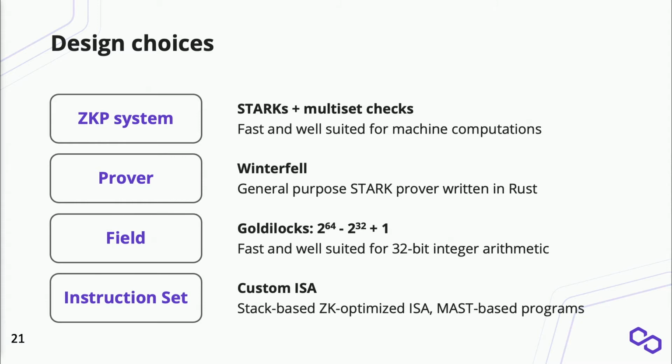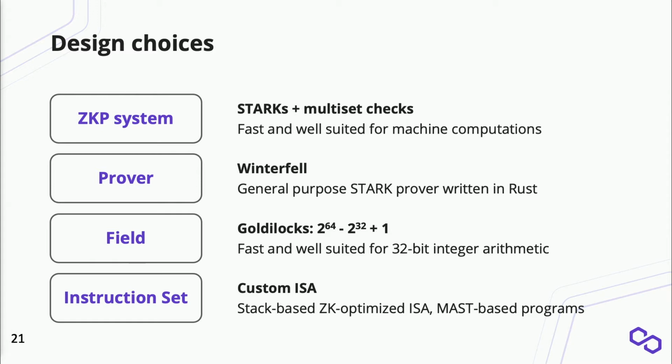When they were designed, nobody thought about how easy it would be to verify their execution in a ZK circuit or ZK virtual machine. So there are some benefits of using a ZK optimized instruction set. We also use this MAST that I will touch upon. This is a Merkleized abstract syntax tree of how we represent programs. So this is also one of the reasons for us to choose a different architecture from what some more established instruction sets offer.